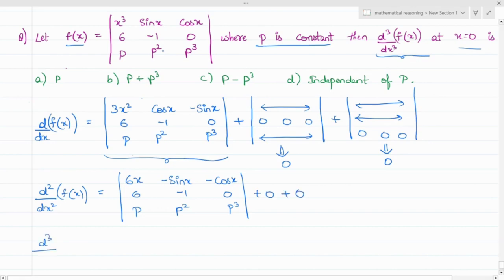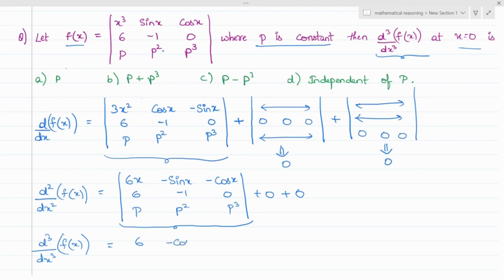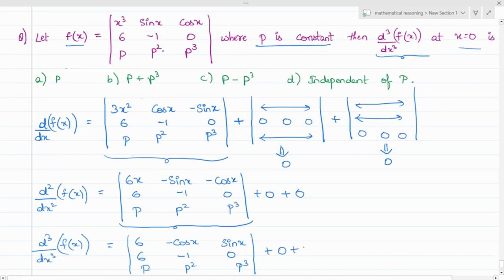Now do the triple derivative. From this determinant, differentiate the first row. It will be 6, minus cos x, minus into minus, plus, that is sin x, 6, minus 1, 0, p square and p cube. And the remaining will be 0 as the second and third rows are constants. Now we need to calculate this value when x is equal to 0.